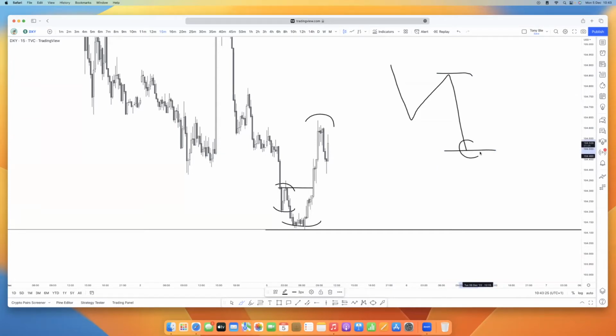On a lower time frame in this area, we're going to see a break of structure to the retracement direction on a higher time frame, right? Like the higher time frame is about to buy, lower time frame should start to break structure to go to the upside, right?